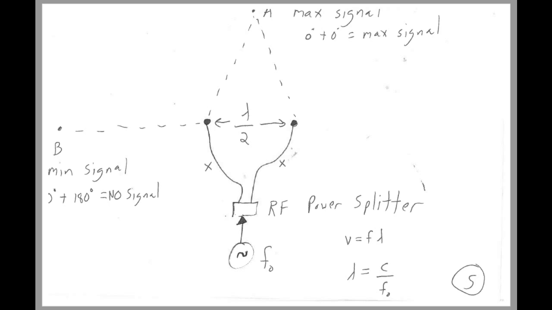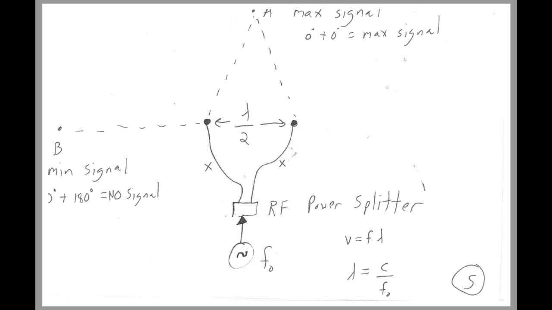It then goes into two coax cables of equal length, X, and the two antennas are separated by a wavelength over 2 spacing and distance. Now remember, wavelength over 2 is equal to 180 degrees. Like I said, that's a key thing to remember. So let's look at the signal at position A. Well, we will have both signals leaving those antennas.